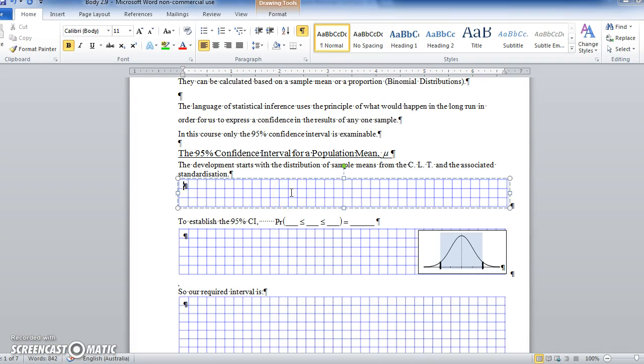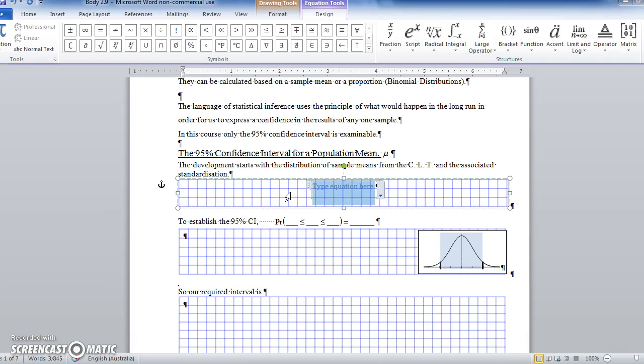So we want to develop a 95% confidence interval for a population mean. What that really means is if we want to get an interval and say, okay, we're 95% sure that our population mean lies in this interval.